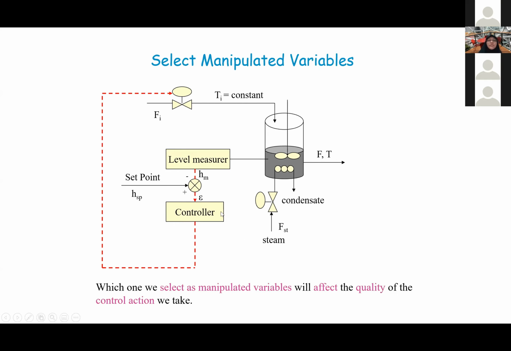Of course, the controller can manipulate the steam flow rate, but the flow rate coming in can also be manipulated. So it's our choice. Maybe there's something with the steam flow rate that makes it not suitable to be manipulated. So in this case, we manipulate the flow rate in. That is also possible.